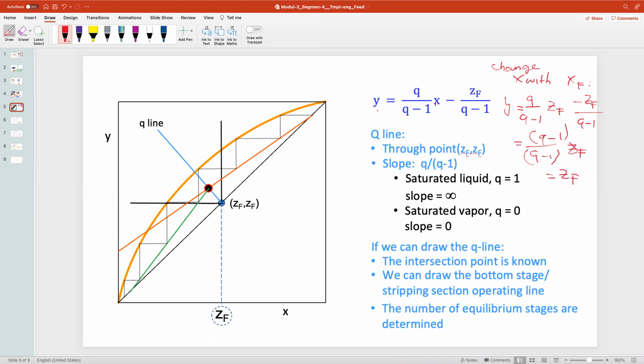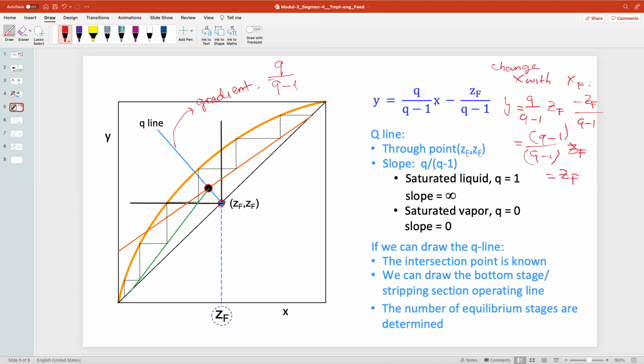So this is one point, and this line goes through the intersection. And it has a slope, the gradient, which is Q divided by Q minus 1.